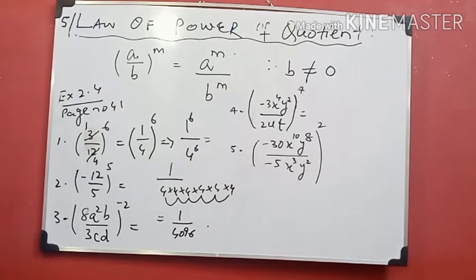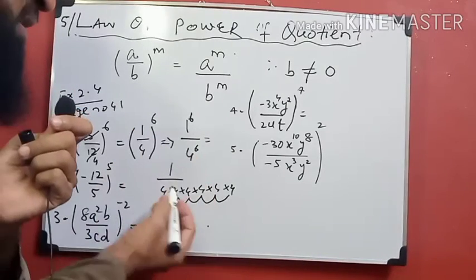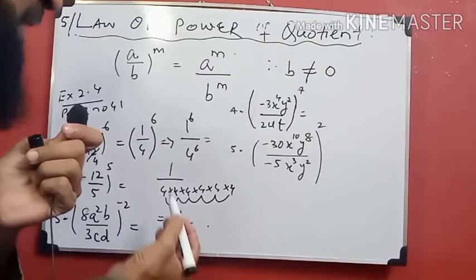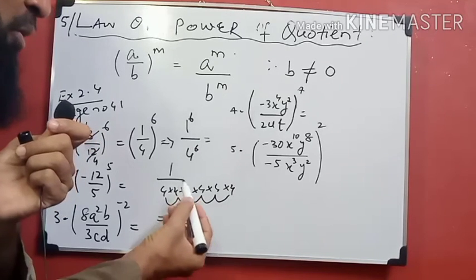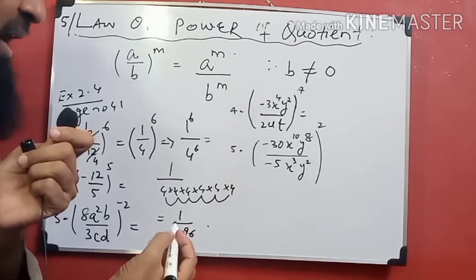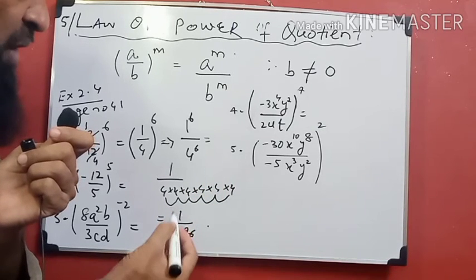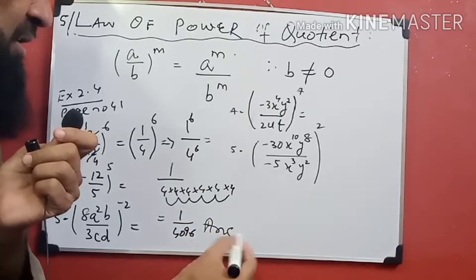Now 1 raised to any power is equal to 1, and 4 raised to power 6 means we multiply 4 by itself 6 times: 4 multiplied by 4 multiplied by 4 multiplied by 4 multiplied by 4. It comes as 1 upon 4096. Answer.